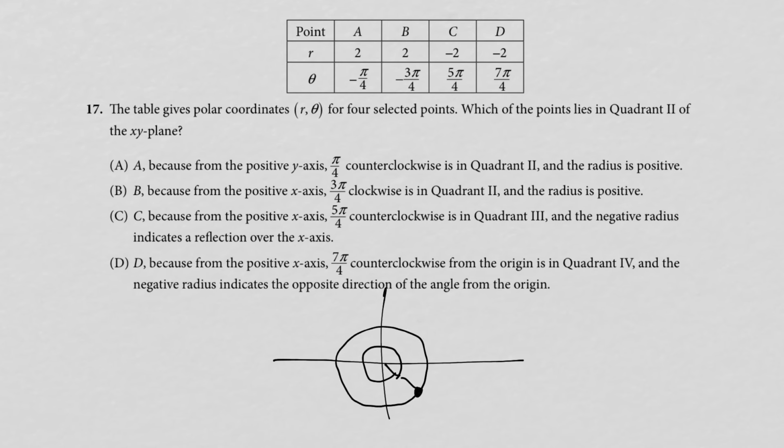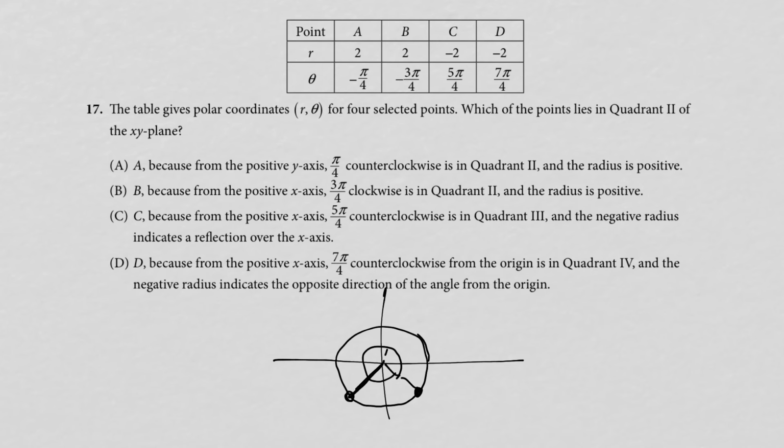Then at negative 3 pi over 4, what is that? That's negative 135 degrees, which is somewhere over here. That's also at 2. 5 pi over 4 is 225 degrees, which is going in this direction, actually.